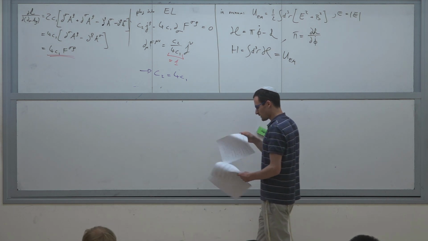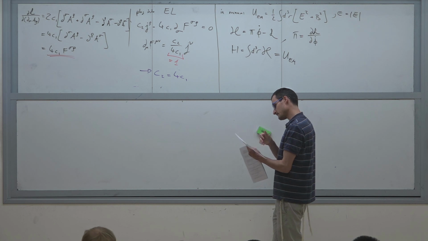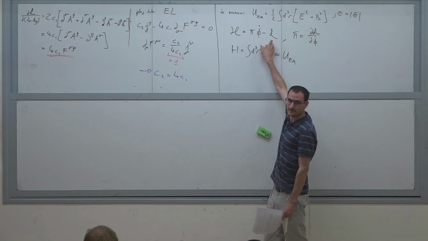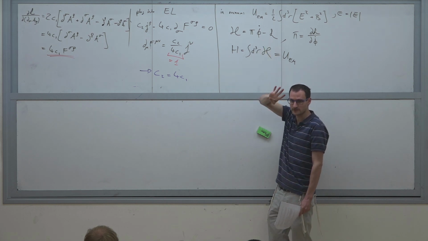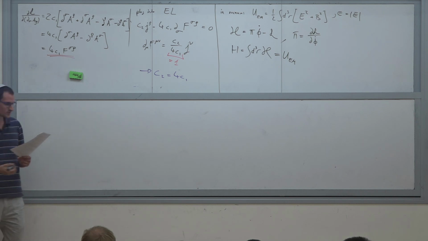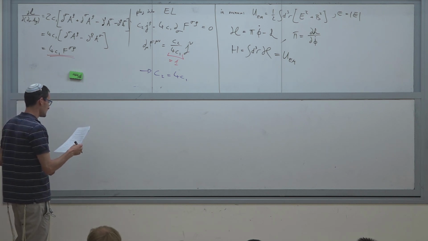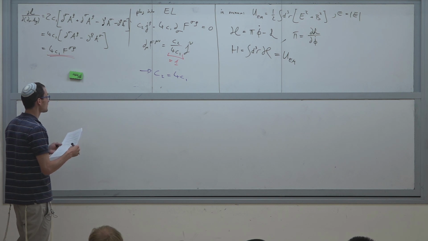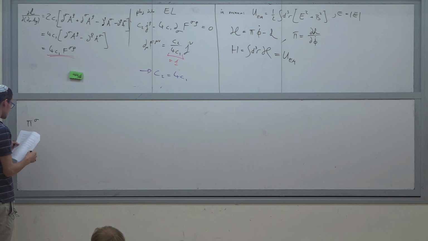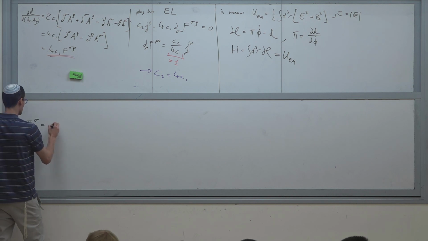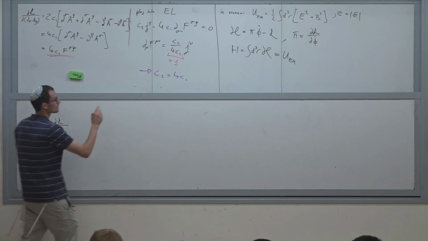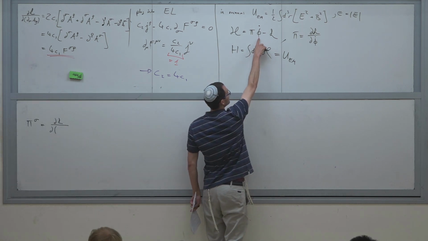Okay, so let's start with the momentum. Of course, this is the case for a single field, if there's only one field. In our case, there are 4 fields. So the conjugate momentum, in our case, has an index, which I'm going to call sigma, and is equal to the derivative of the Lagrangian with respect to, watch out, the time derivative of the field.